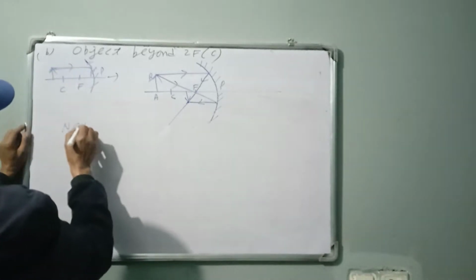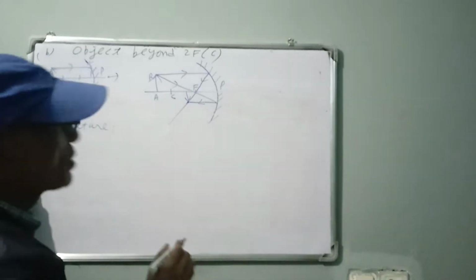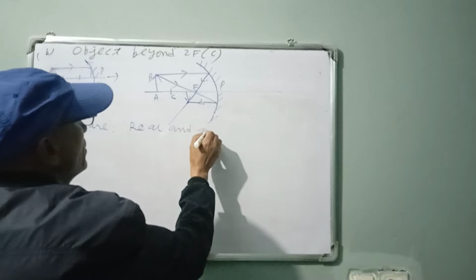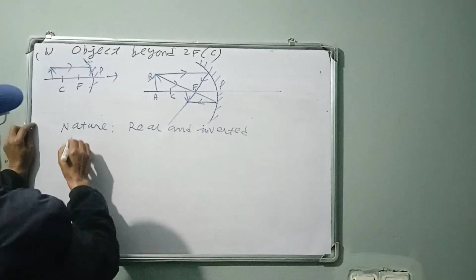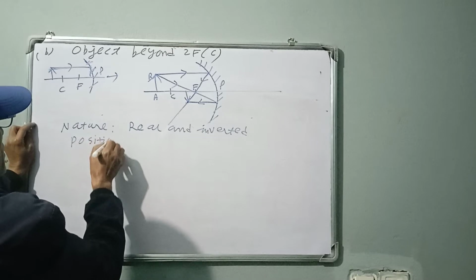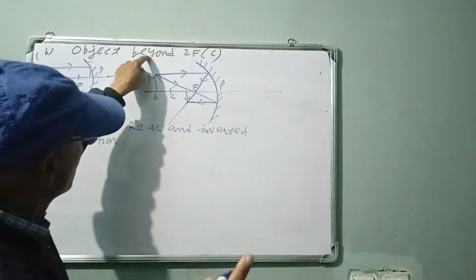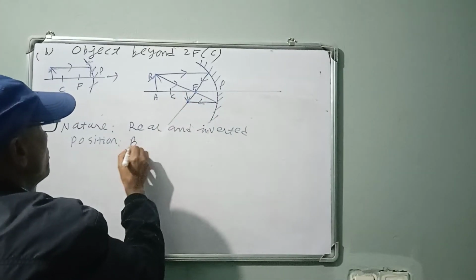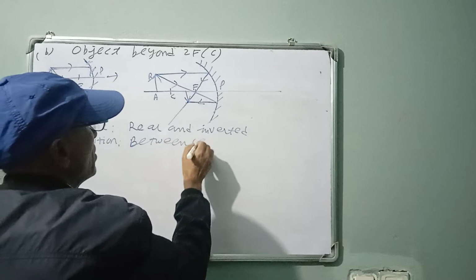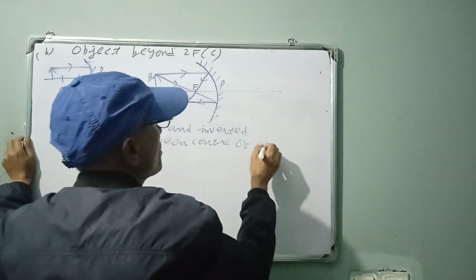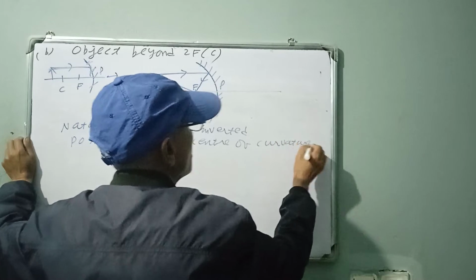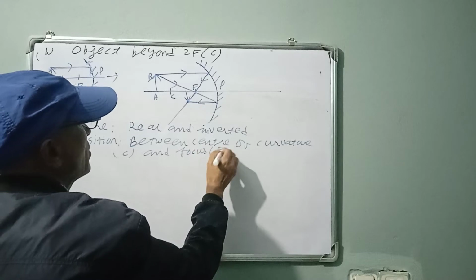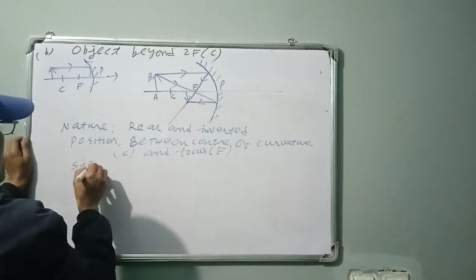Whatever image this is, nature, position and size. Nature, real and inverted image. Position, when the object is beyond C, image is between C and F. Size of the image.